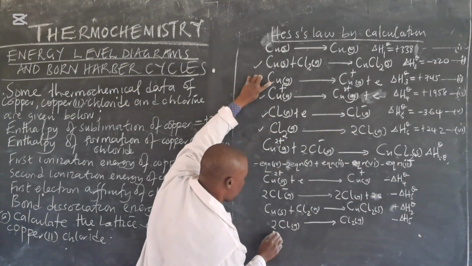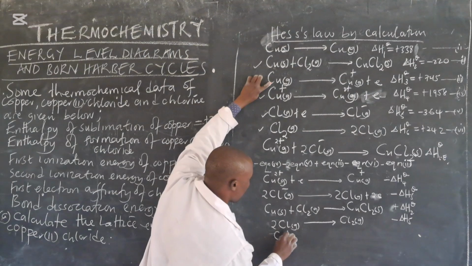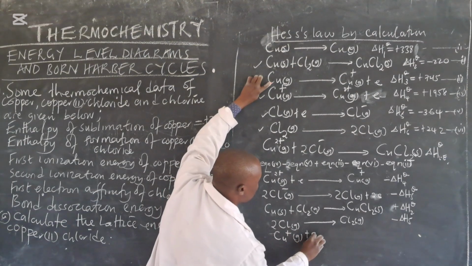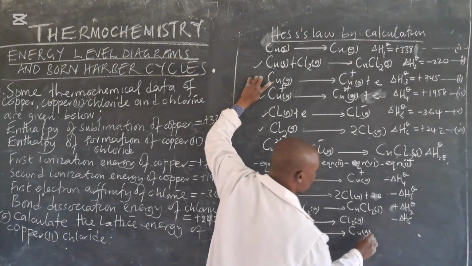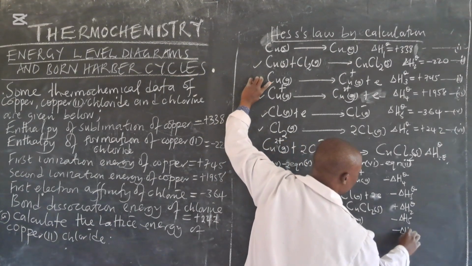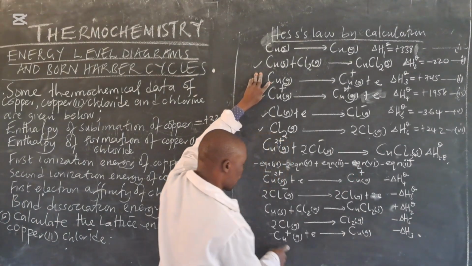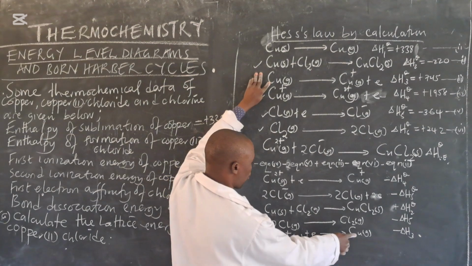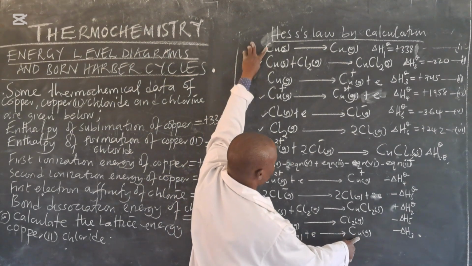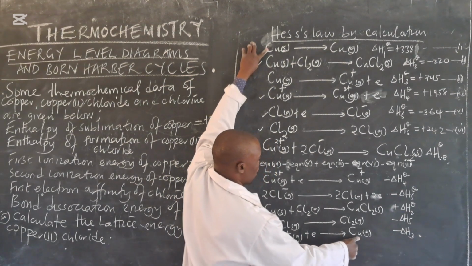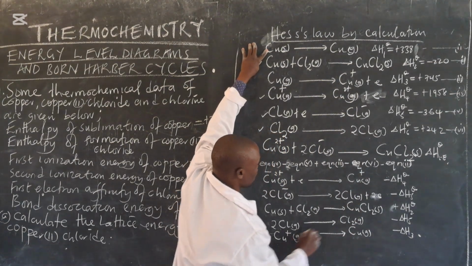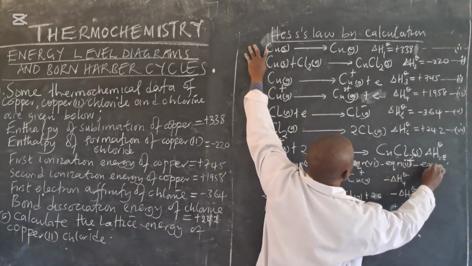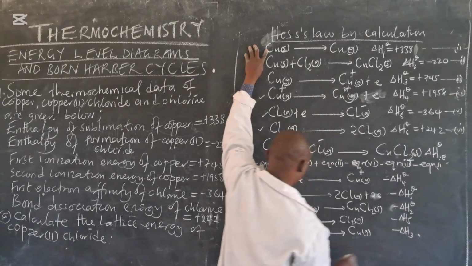So I reverse that. It is copper 1 ion plus electron gives me copper gas, so delta H3 reversed. But I can see here I have copper gas, so this equation here must be reversed so that it helps me cancel this. So I will say minus equation 1 here.